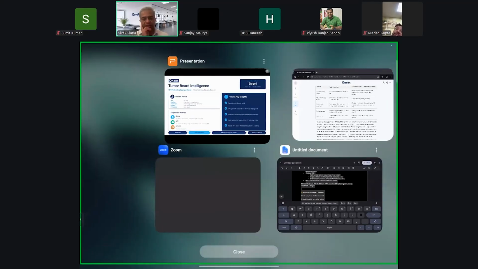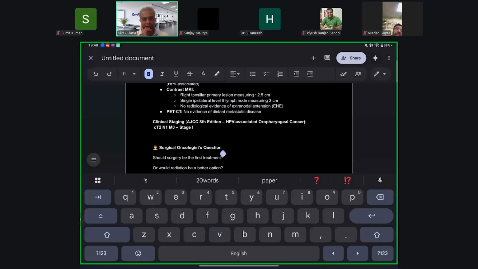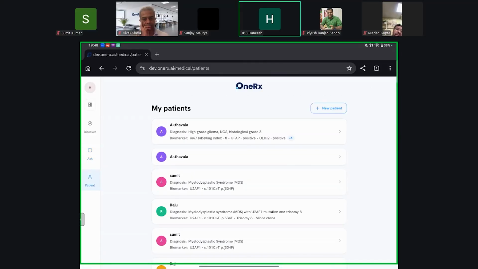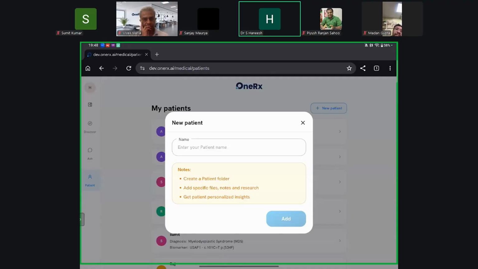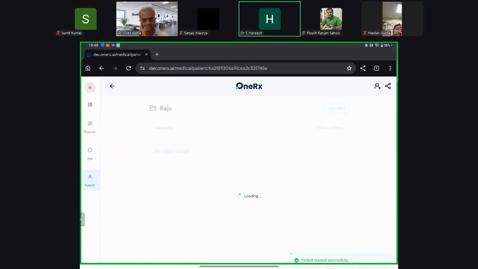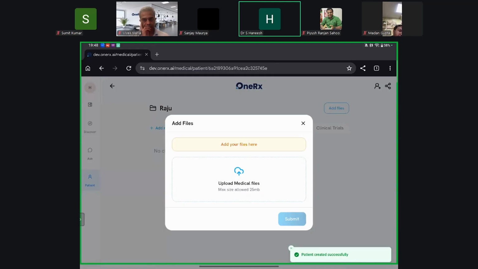Dr. Nish, what are the other features of this product? What all can it do? How can it help us? Yes, we have other features, that is the patient feature. In My Patient feature, you can upload your patient name, for example Raju, and after adding, we have add files. We can upload, for example, NGS reports, CBC, PET-CT scan, MRI report, whatever reports we have, we can upload all the files here.